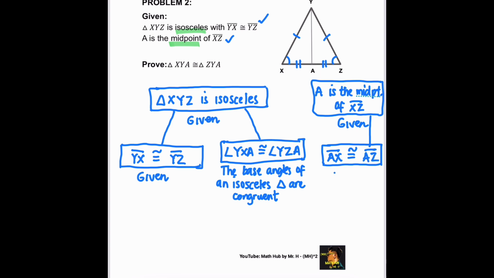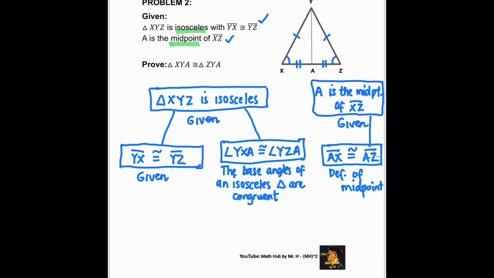So we can write definition of midpoint. And this is the third statement that we need. Now, since we have three statements already, then we can say that the two triangles are congruent.